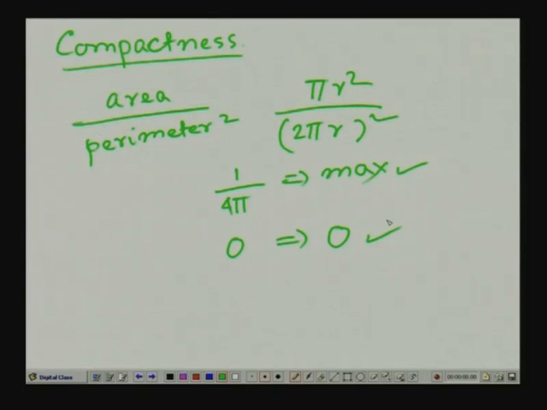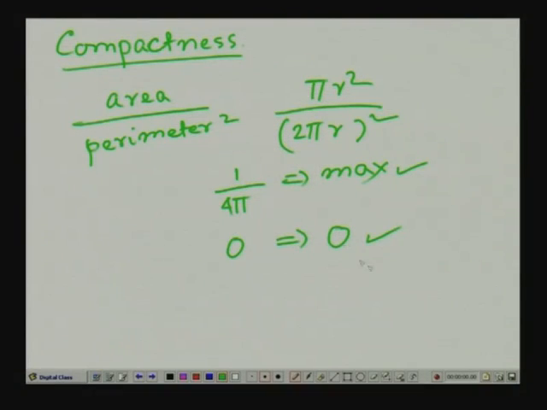One is 1 upon 4 pi, which is the maximum, and this we get for a circular region. As the region shape deviates from circularity, the compactness will be less and less, and in the limiting case, the minimum value of the compactness will be 0. So, these are some simple shape descriptors which can be obtained from the region itself, not only from the boundary.